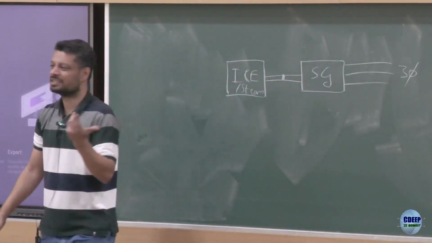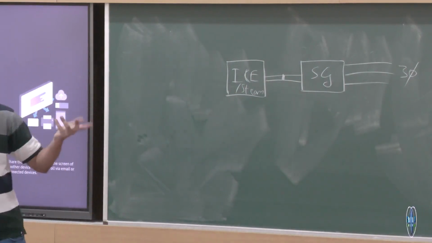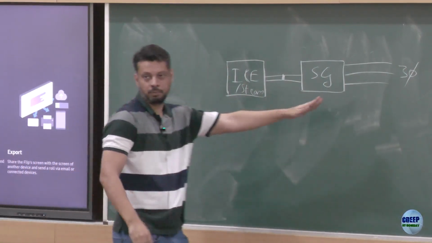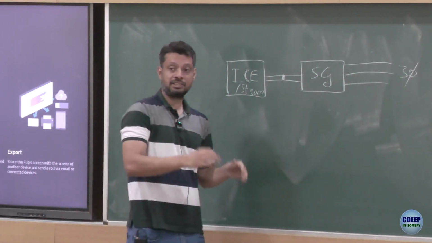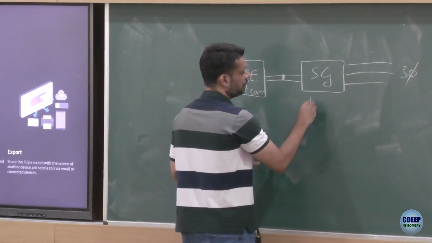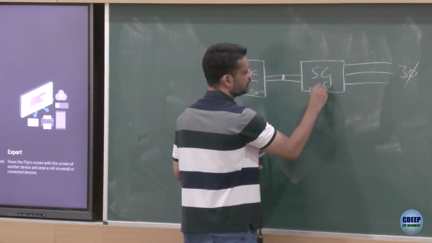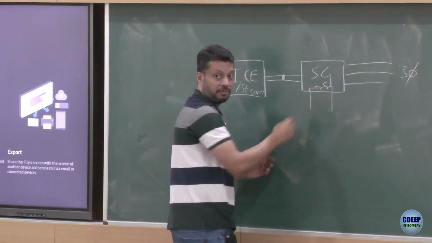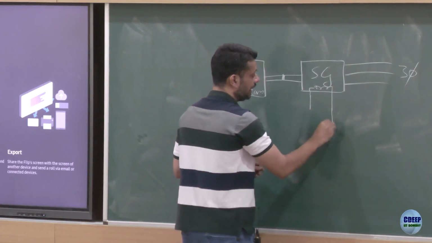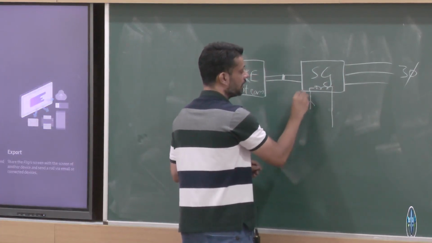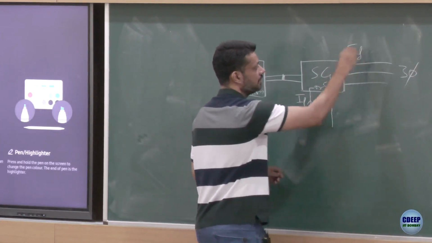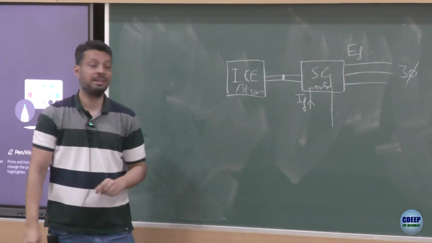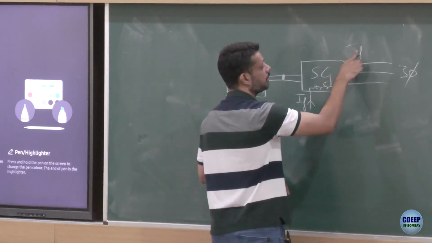You can connect them in star, you can connect them in delta, so you can have 3-wire, 4-wire, whatever. So you have a 3-phase output from the synchronous generator, and the synchronous generator in addition also has a field winding, which I am showing as this. This has the field winding where I am supposed to feed some current IF, and the voltage that gets produced here per phase is VT.